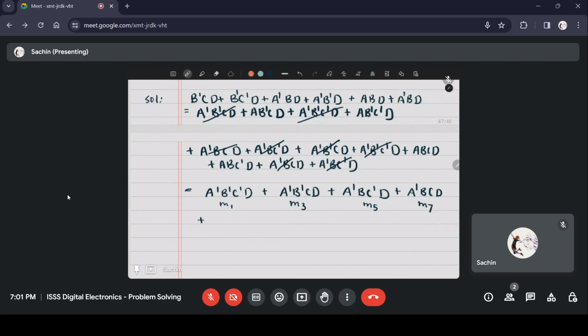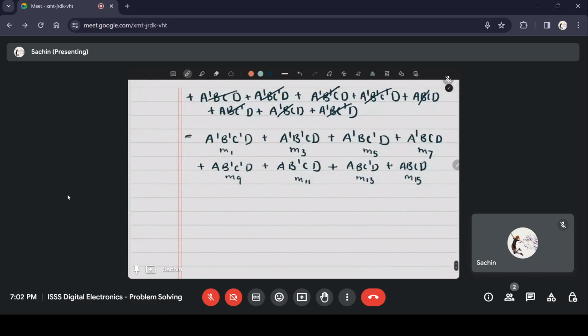plus M8 is not there, M9 is there, A B prime C prime D, M10 is not there, have M11, A B prime C D, M11, and M13, A B C prime D, have M15, A B C D. So that's the sum of minterms form.